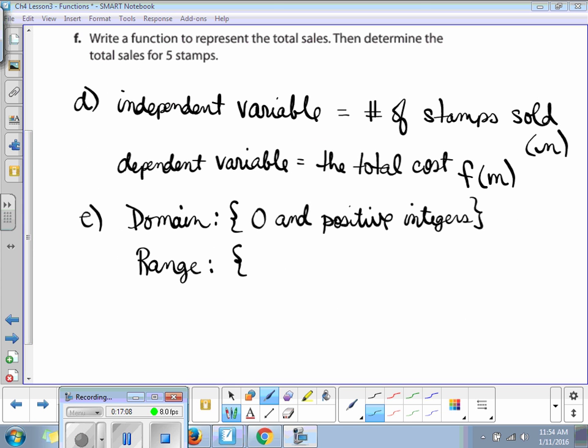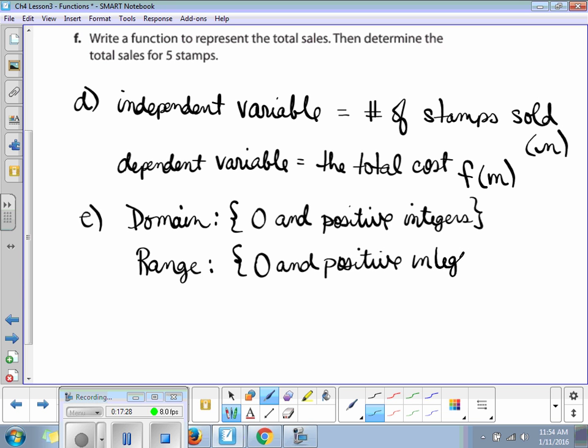If we only put 0 and positive integers into our expression, what am I going to get out? 0 and positive integers. Very good. And those are your range values.